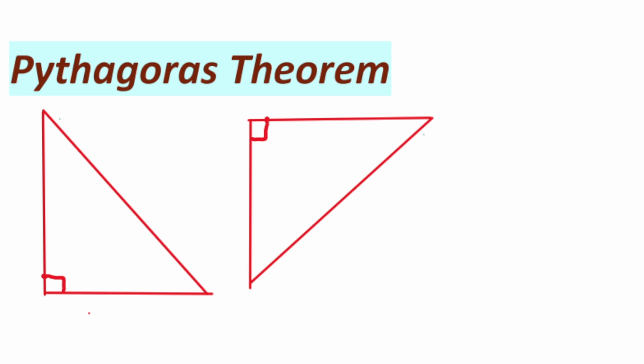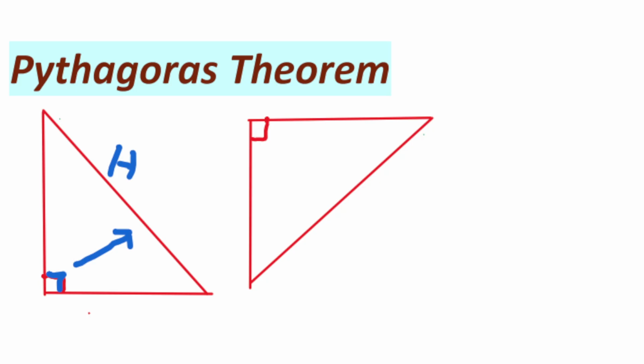So usually we need to first understand the hypotenuse. What's that? That's the longest side and it's always opposite to the right angle. So this is the right angle here. What's opposite to it is the hypotenuse. It's the longest side.